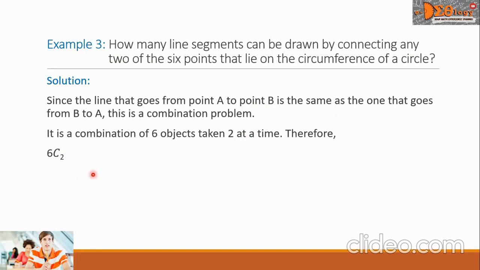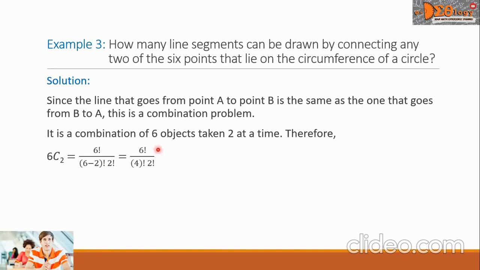Using our formula, this is now equal to 6 factorial over the denominator, 6 minus 2, then factorial, times 2 factorial. Let us simplify first. The 6 minus 2 will give us 4. Then let us now simplify the respective factorials.